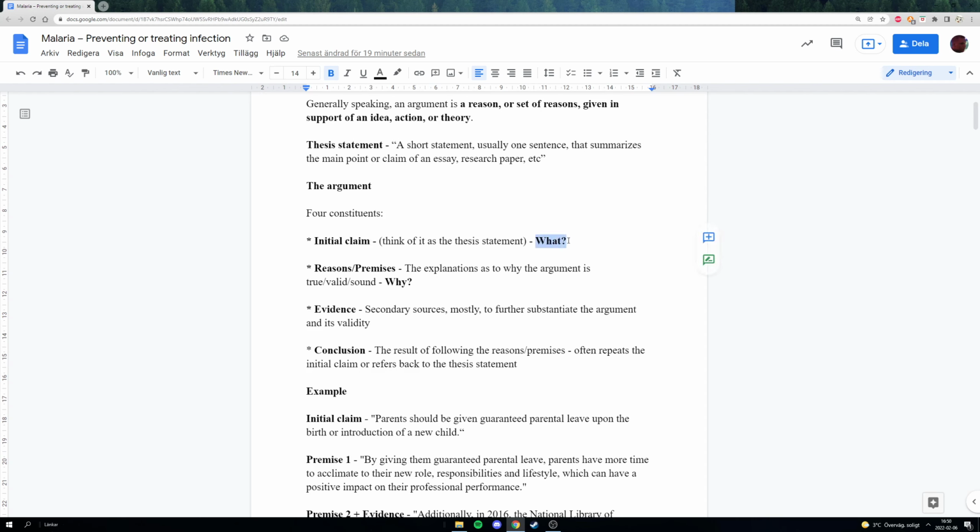So what is it that you're actually arguing? What's your main claim that would back up the thesis statement? Make sure you have reasons and premises for your argument. In other words, answer why do you think that way? And then, of course, always provide evidence by use of secondary sources or primary sources if possible to further substantiate the argument and its validity.